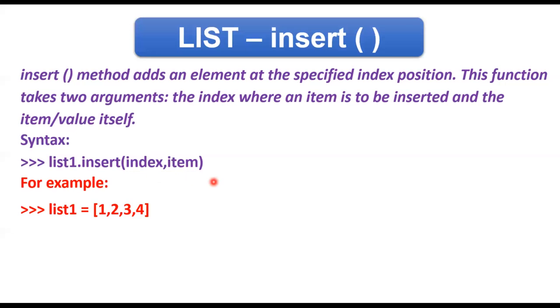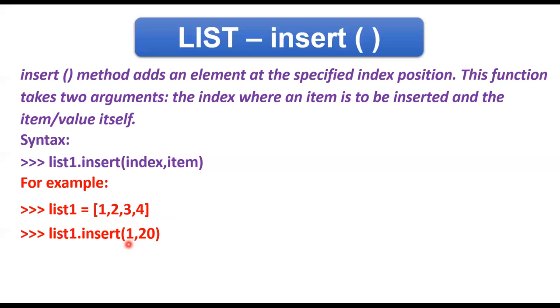For example, list1 has 4 elements inside it. Now if I say list1.insert(1, 20), what is 1 and what is 20 here? 1 is my index location. Inside my list I have 4 values and the index positions are from 0 to 3. So 1 is at the 0th index, 2 is at the first index.